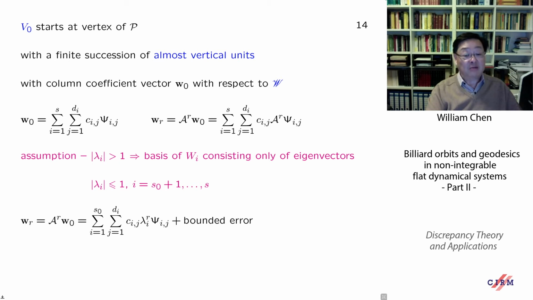In this case, we can write WR as a sum plus some error, the sum consisting only of information of these large eigenvalues. And the bounded error comes from the remaining small eigenvalues. Of course, when R is large, then this main term dominates and the error is small.